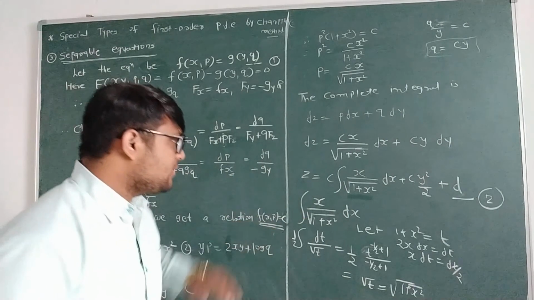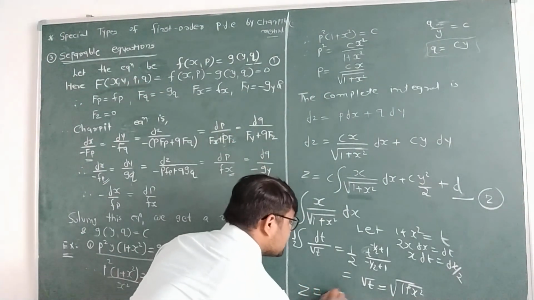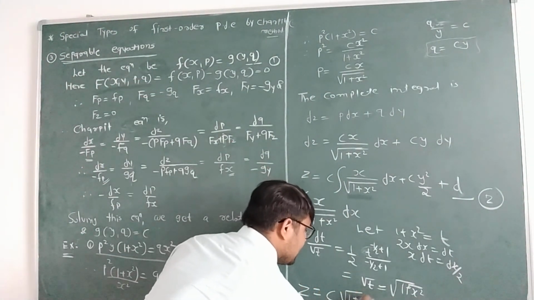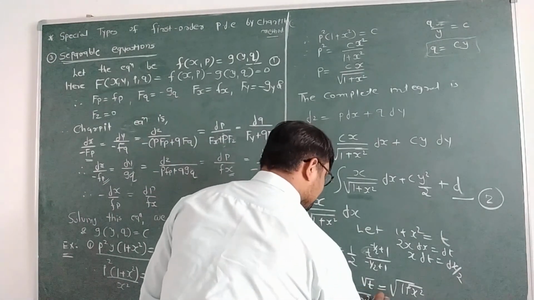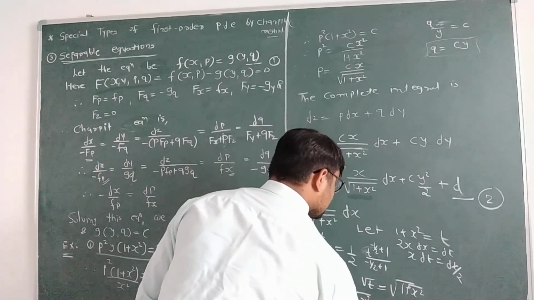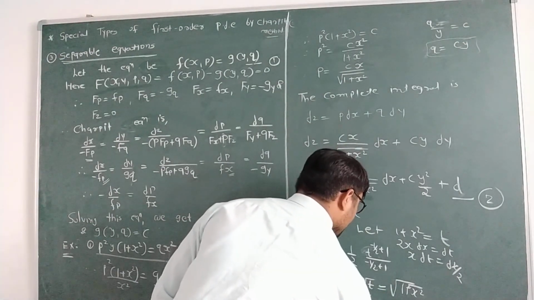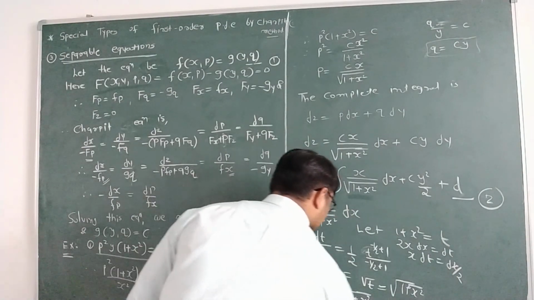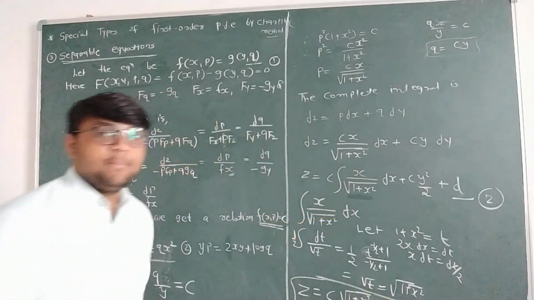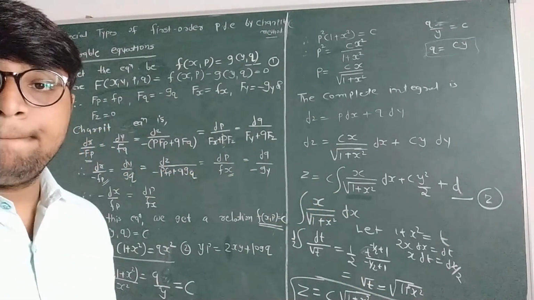So the equation becomes z equal to c into under root 1 plus x square plus c y square by 2 plus b, which is our required complete integral.